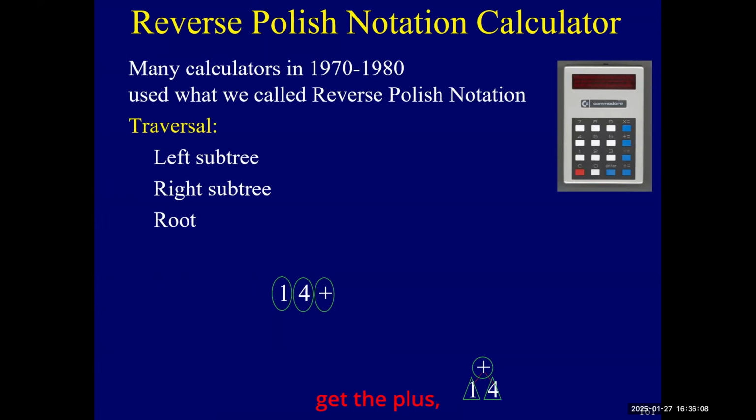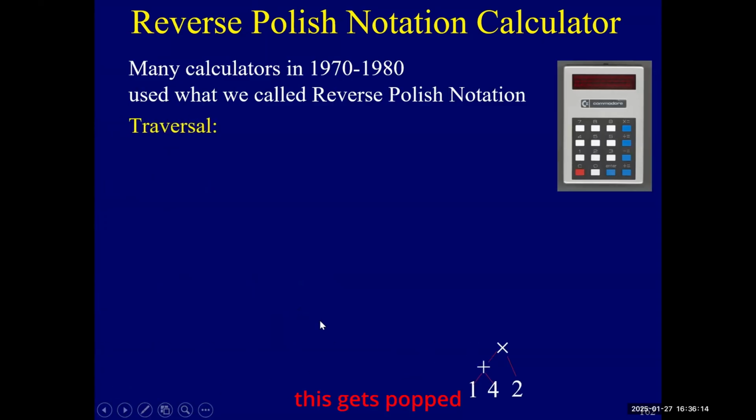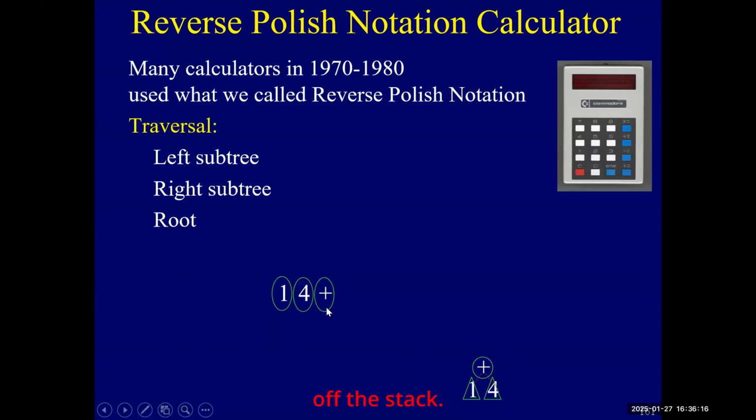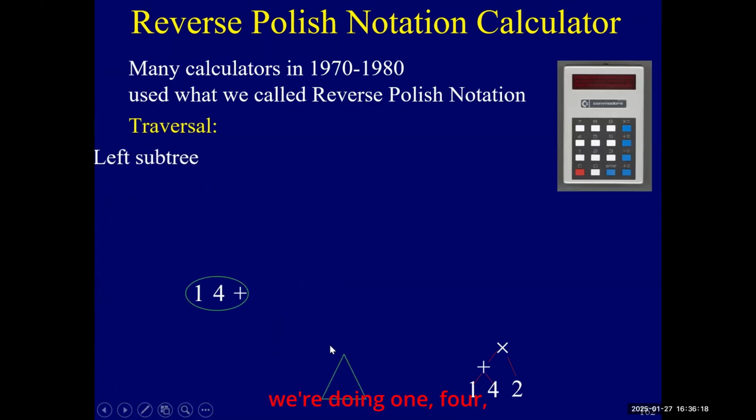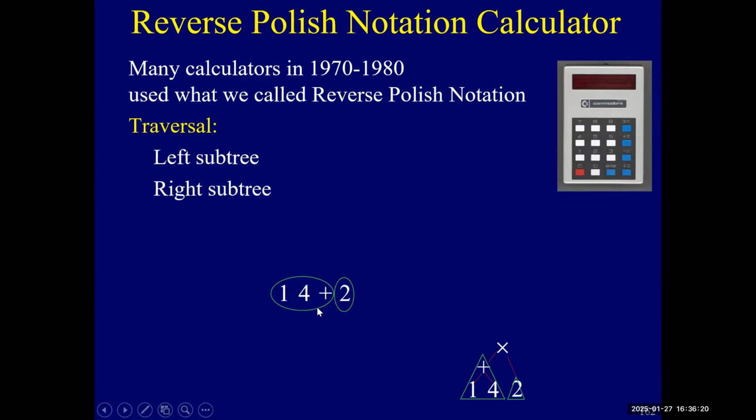When you get the plus, what happens? These get popped off the stack. Here I'm just saying the order in which they happen: 1, 4, plus, 2, times.